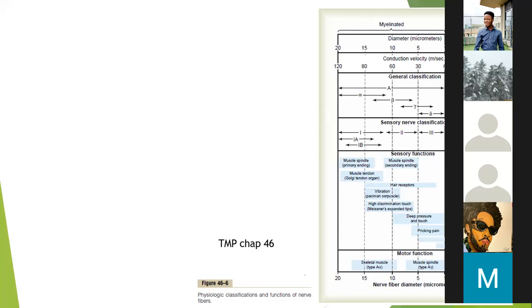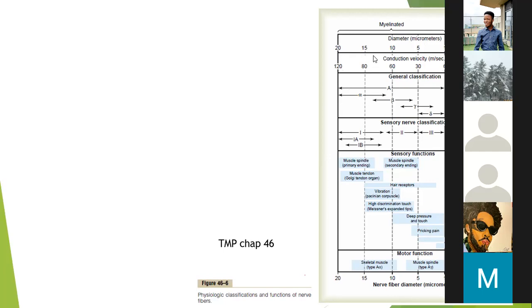So this image, I captured from TMP, and it is showing you the same thing I had mentioned. It's looking at myelination versus non-myelination. Number two, it is looking at the fiber diameter, and you can see the largest fibers that are myelinated fall into the A alpha category.